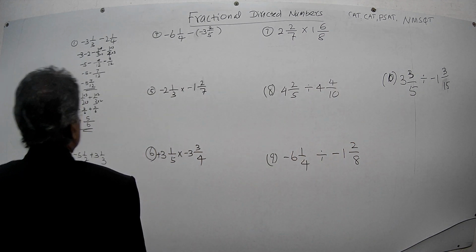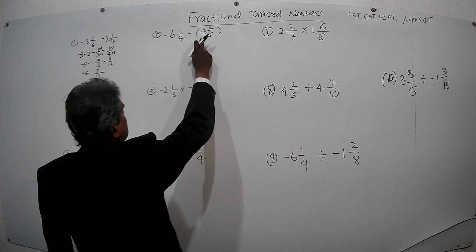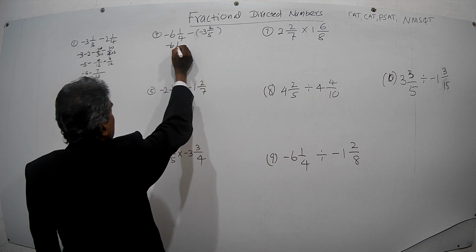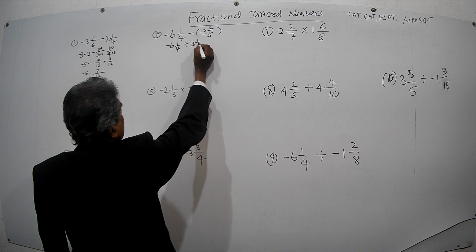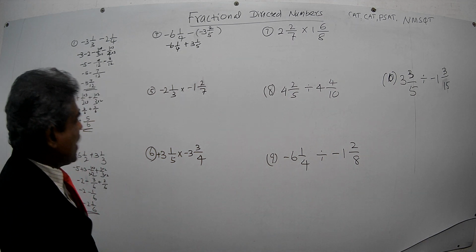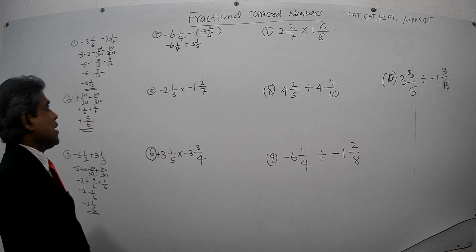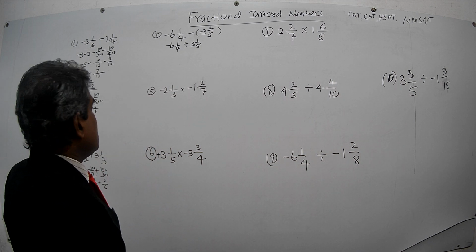That is the way of multiplying signs. Here minus into minus is therefore plus. Therefore here you can write this as minus 6 1 over 4 plus 3 2 over 5. Remove brackets by multiplying the negative sign outside by the negative sign inside, right?